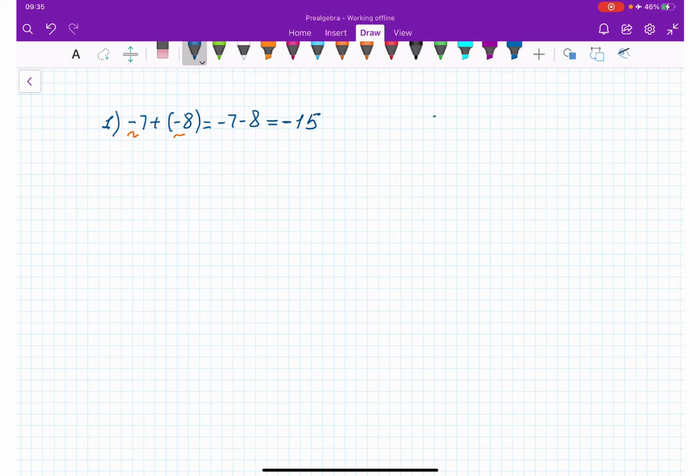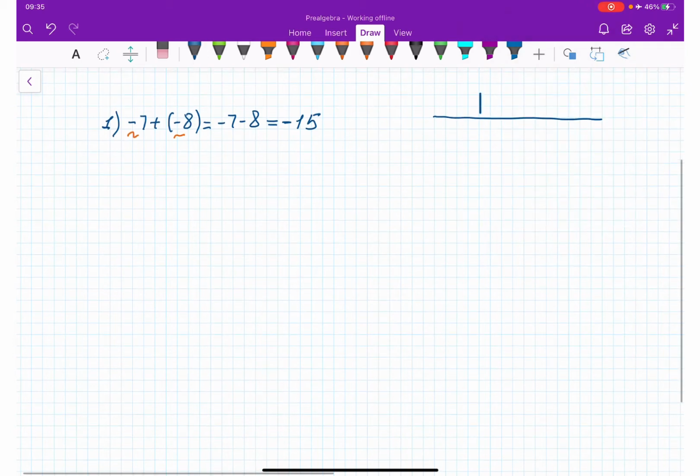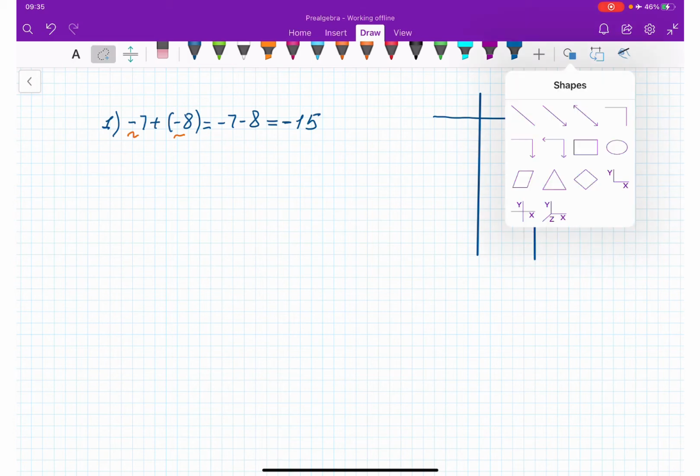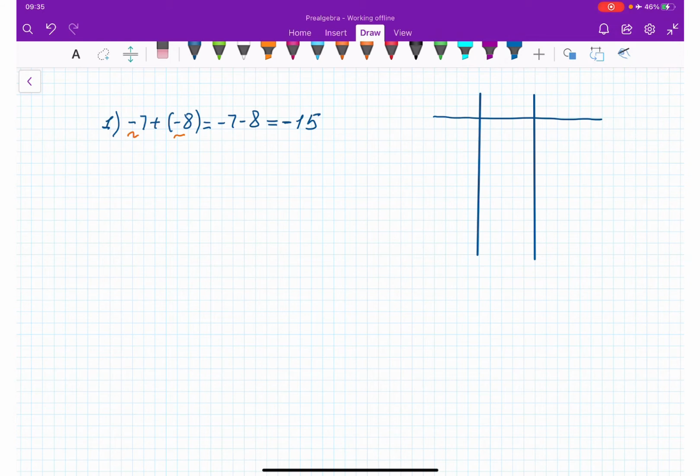So it's going to be: first term, second term, operation. I'm creating a template. So if you're following this template, you will be absolutely fine.